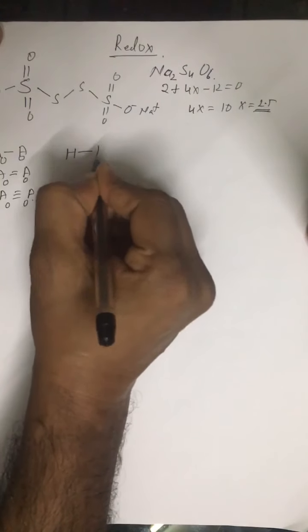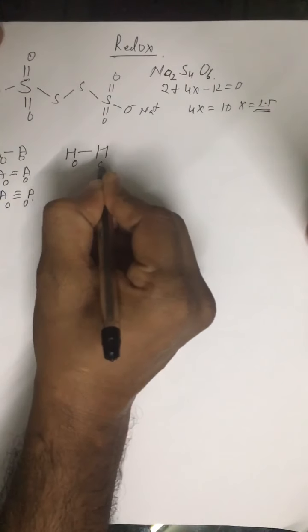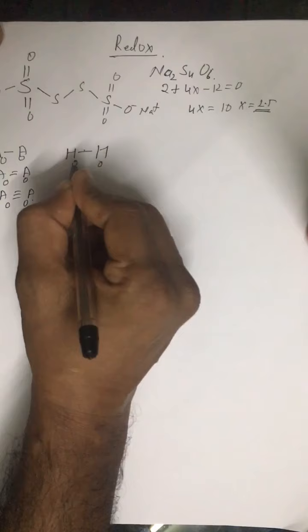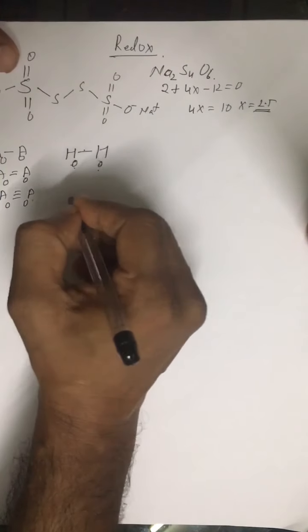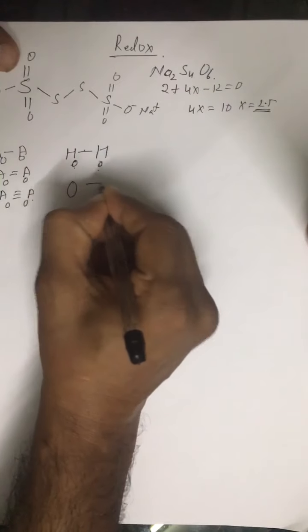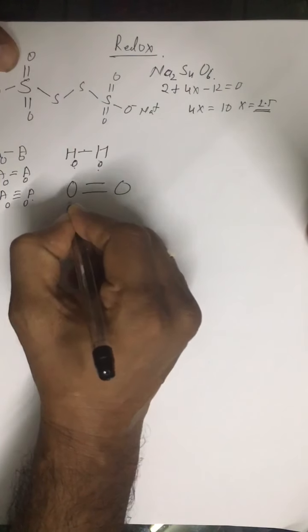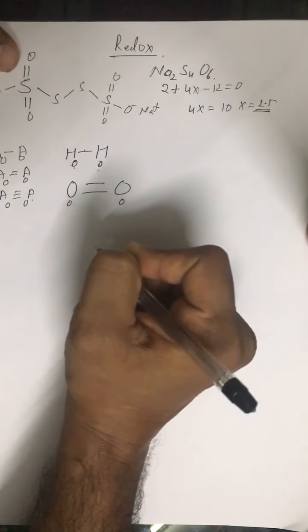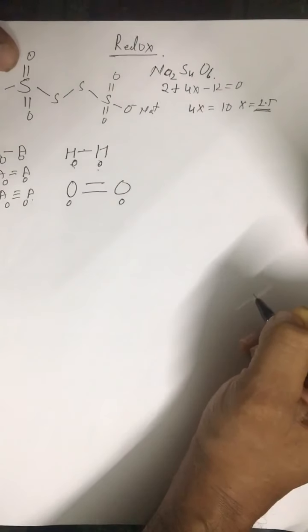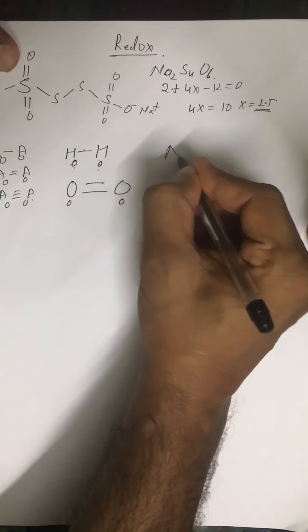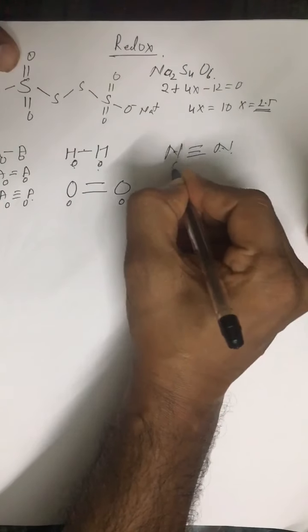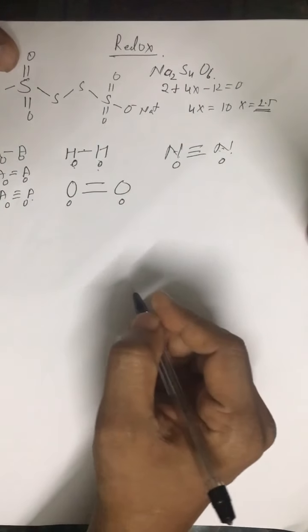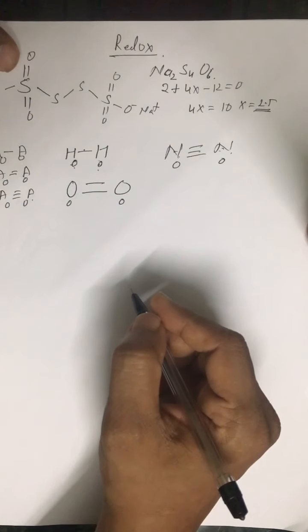Like hydrogen, due to this covalent bond, hydrogen atoms are given zero oxidation states. Like oxygen, doubly bonded, both oxygens are awarded zero oxidation state. Or nitrogen, similar atoms, triply bonded, zero oxidation state. So this is the first rule.